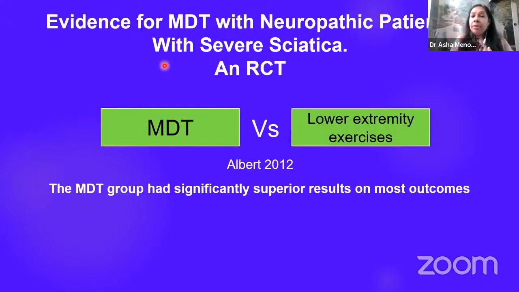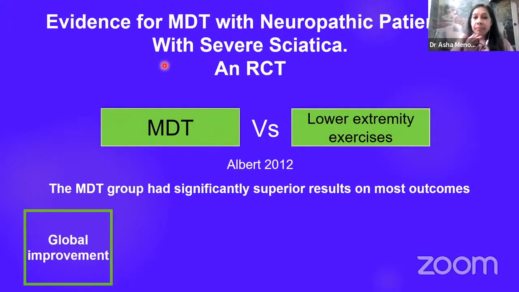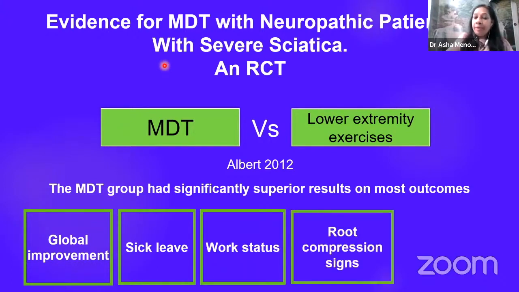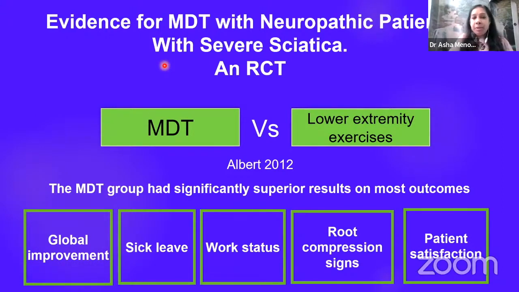This is Albert 2012, MDT versus lower extremity exercises, which could be an SLR and things like that. It was seen that the MDT group had significantly superior results on most outcomes: global improvement, sick leave, work status, root compression signs, and patient satisfaction.